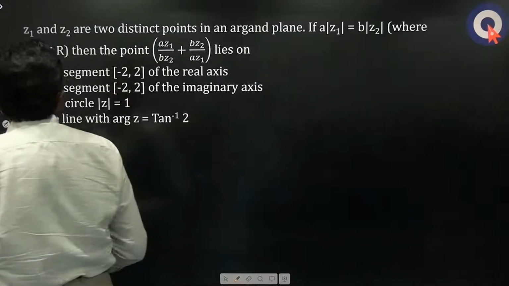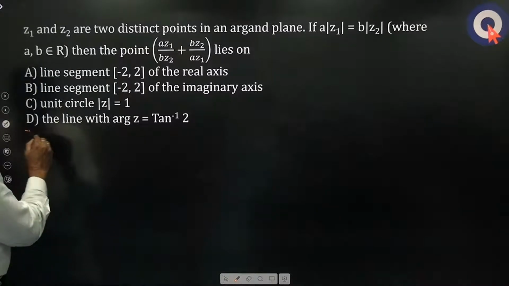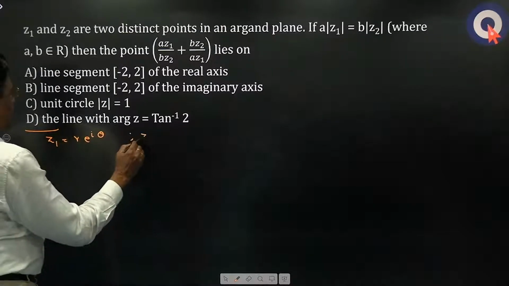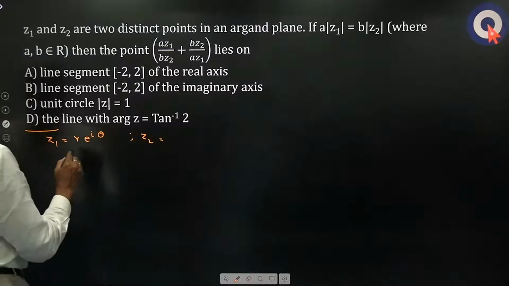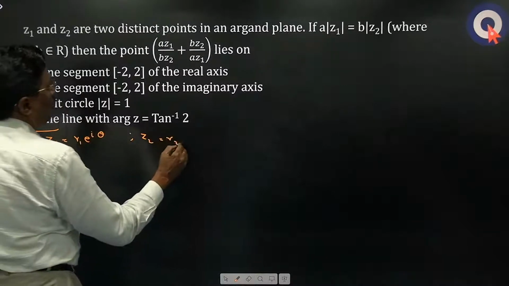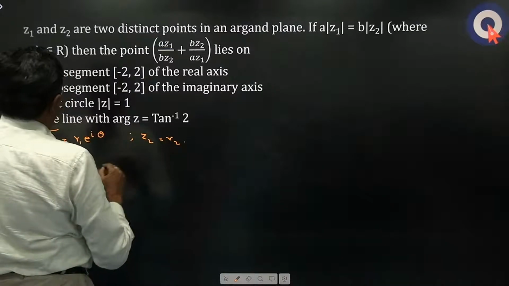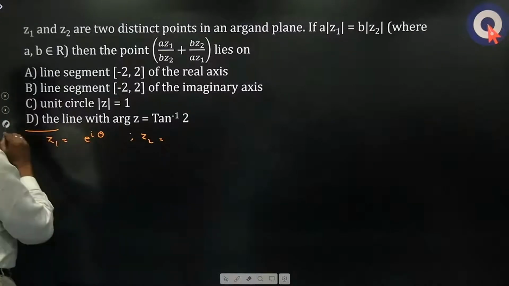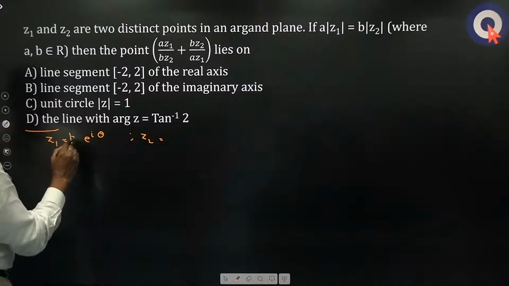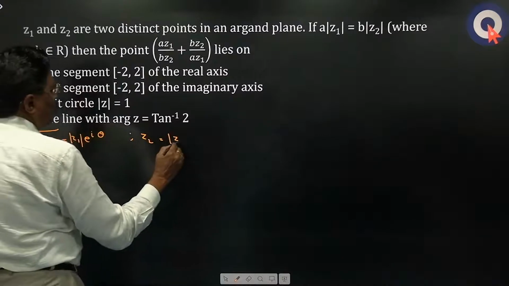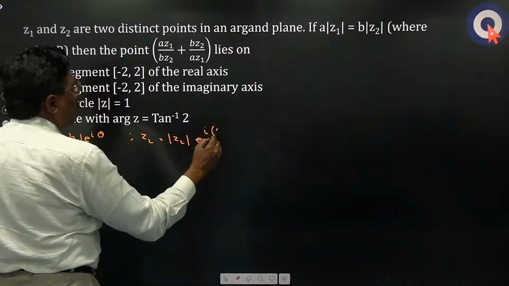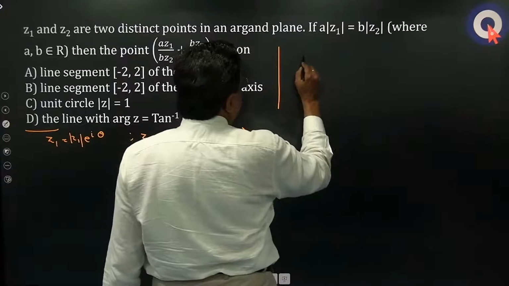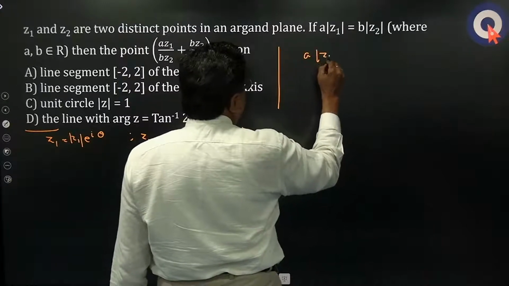Alright, so here I will consider Z1 is equal to mod Z1 into e to the power of i theta, and Z2 is equal to mod Z2 into e to the power of i into theta plus alpha, because you see here it is given A mod Z1 is equal to B mod Z2.